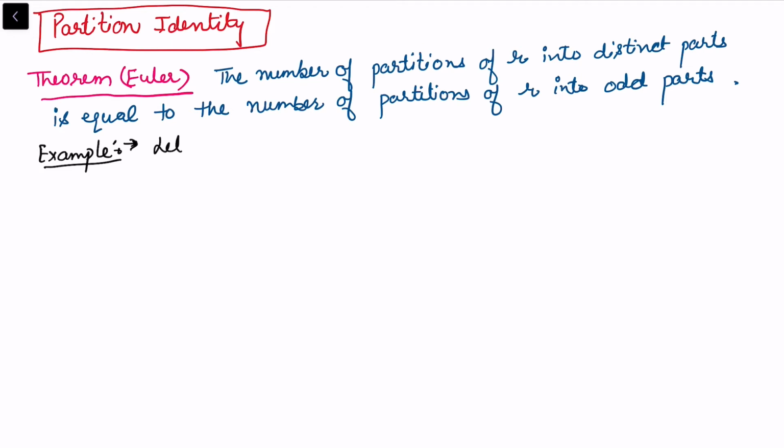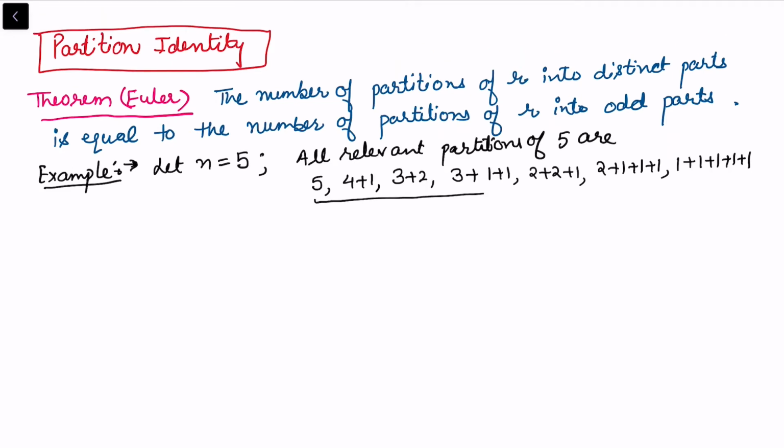So again I am considering the same example. Let n is equal to 5. We first write all relevant partitions of 5. These are 7. Now let me take it from the condition. It says the number of partitions of n into distinct parts. So these are all relevant partitions, and let's just denote it by partition of dn.